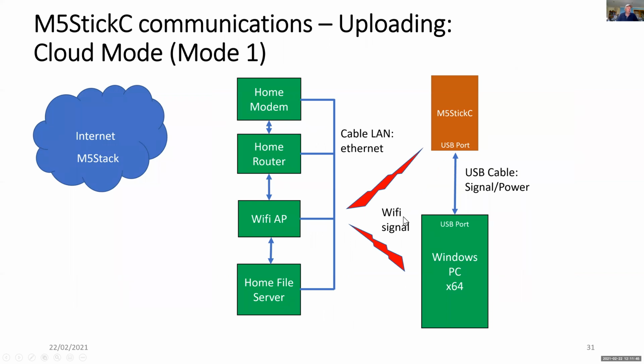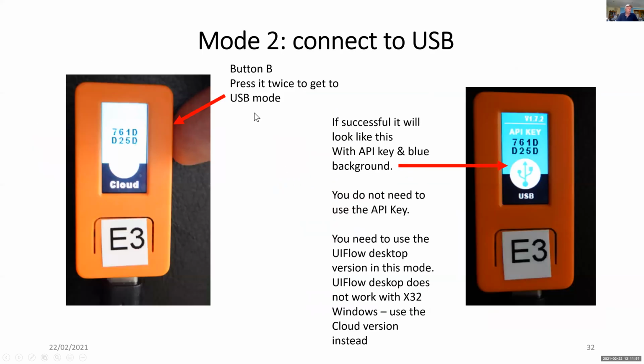So in cloud mode, you can communicate with the internet via your Windows and your Wi-Fi system, and that's mode 1. So mode 2, and that's the mode that we'll use in this course from now on, you'll get into mode 2 from your M5StickC with the correct firmware, and that's the UIFlow firmware.